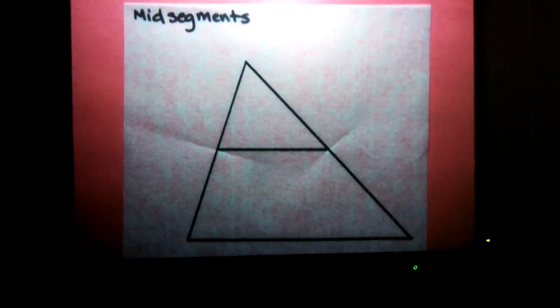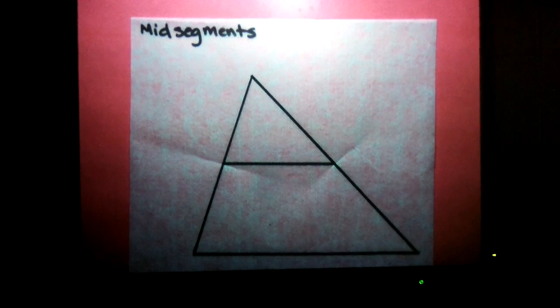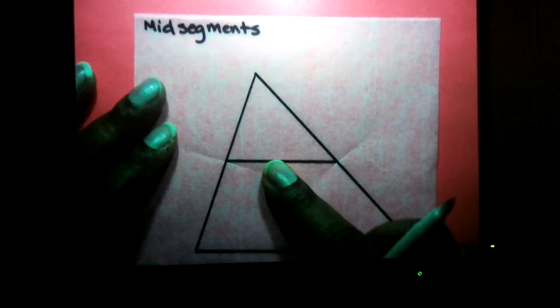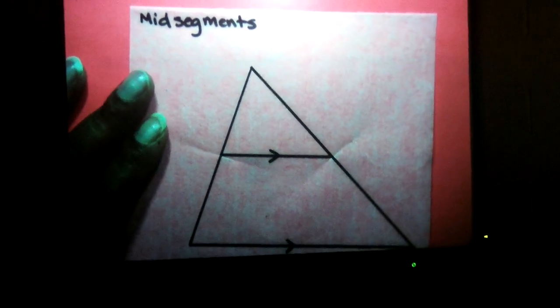Alright? Now, mid-segments of triangles are parallel to the side that they do not touch. So this particular mid-segment here would be parallel to this line. So we can go ahead and put the parallel mark on there. Okay? And let's go ahead and label this triangle.